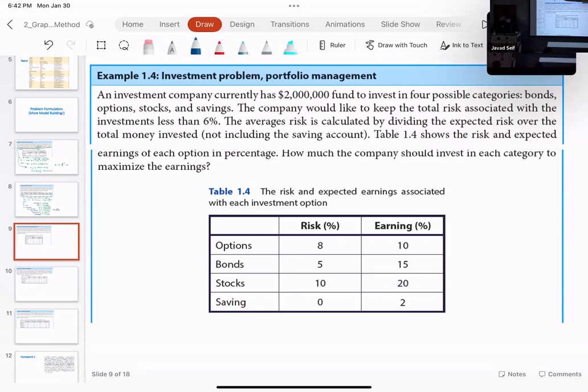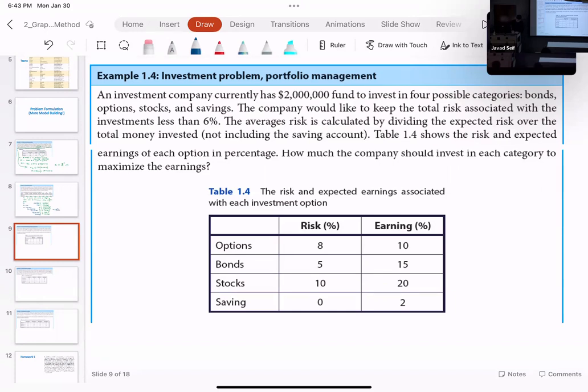Investment. An investment company currently has a $2 million fund to invest in 4 possible categories: bonds, options, stocks, and savings. The company would like to keep the total risk associated with the investment less than 6%. That's one thing.